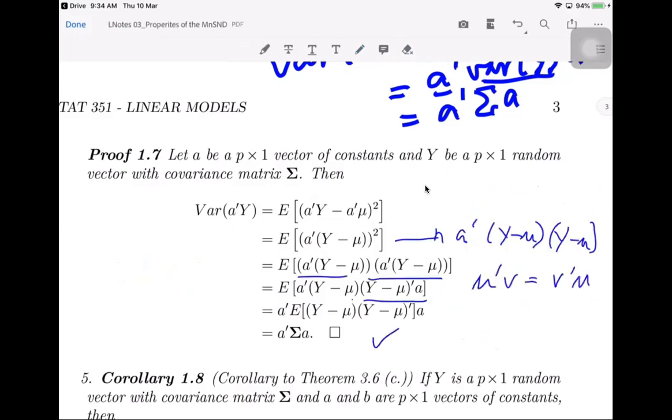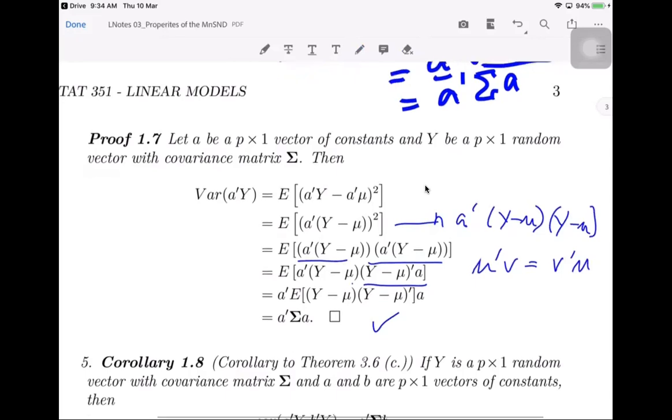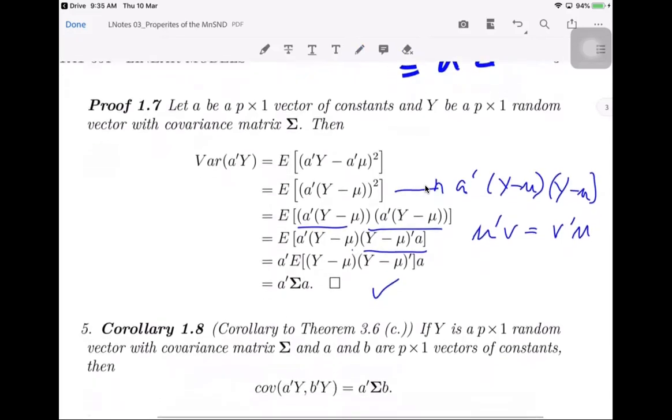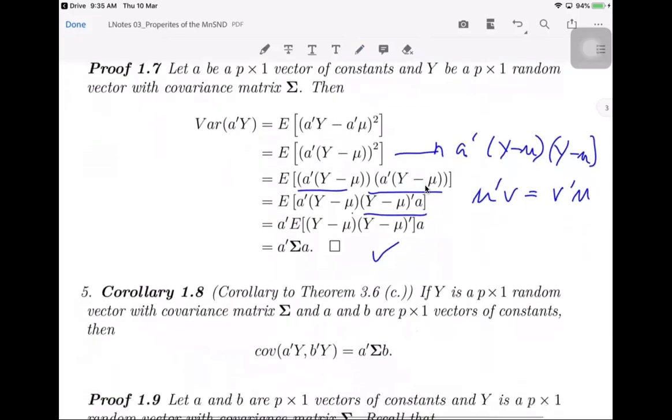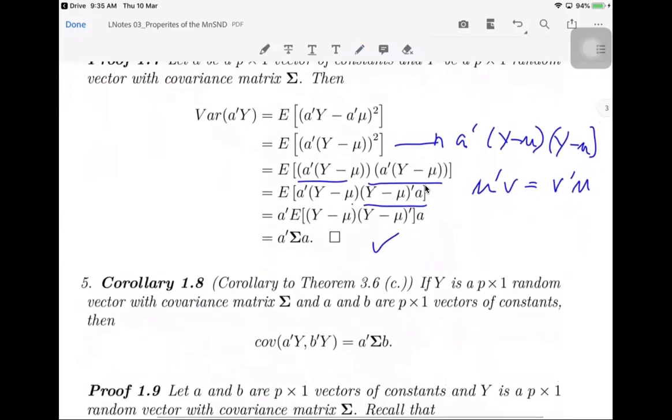Okay. Are you still with me? Yes, ma'am. What is this, ma'am? This summation of A, is it just the variance of Y that remains? The expectation of this Y minus, this last one, ma'am? Oh, that is the variance of Y, then the notation remains.